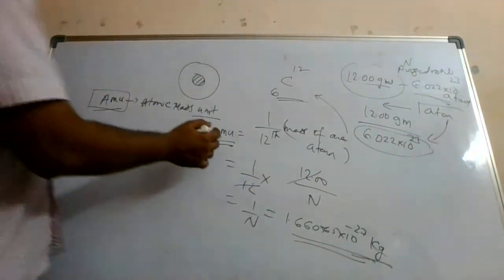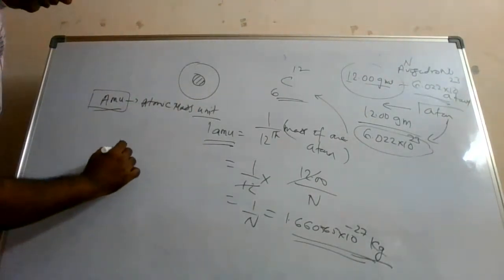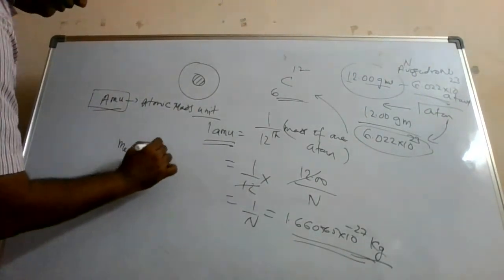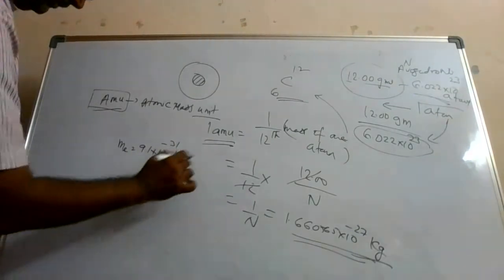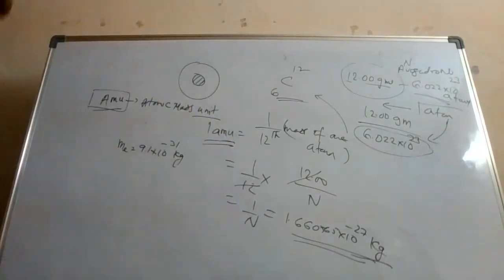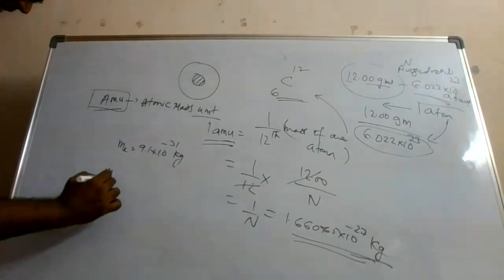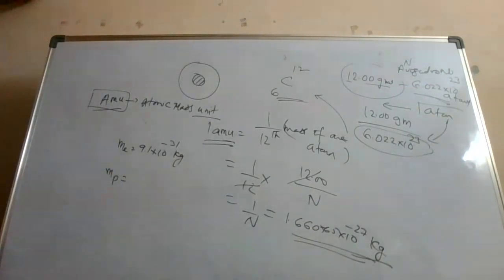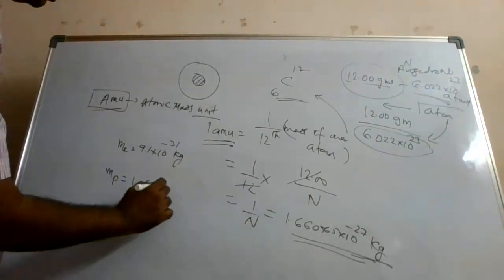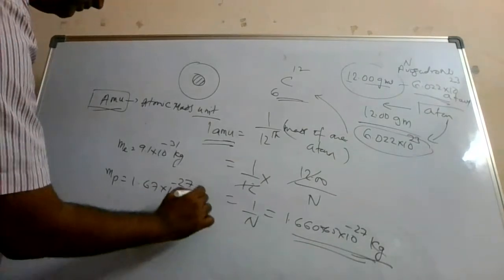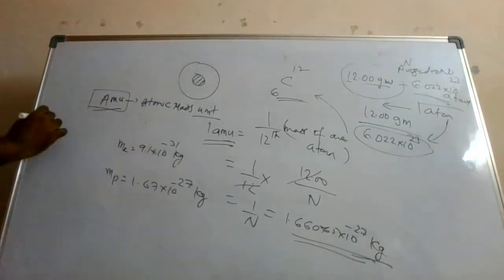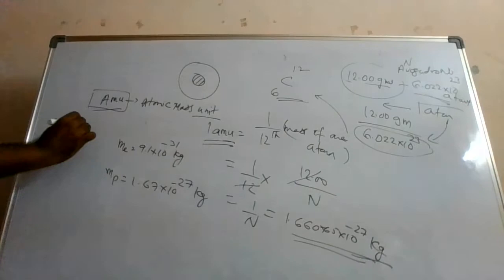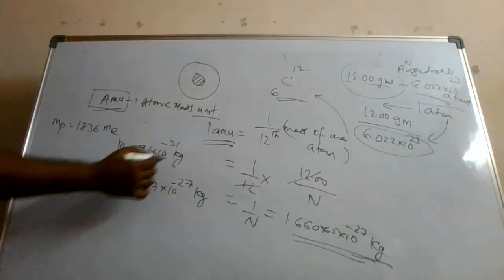Why are we choosing this kind of unit? You know that the mass of an electron is 9.1 into 10 to the power of minus 31 kg. It is more convenient to write in terms of AMU. Similarly, the mass of a proton is 1.6726, we will write 1.67 into 10 to the power of minus 27 kg. We also know a relation that the mass of a proton is approximately 1836 times the mass of an electron.